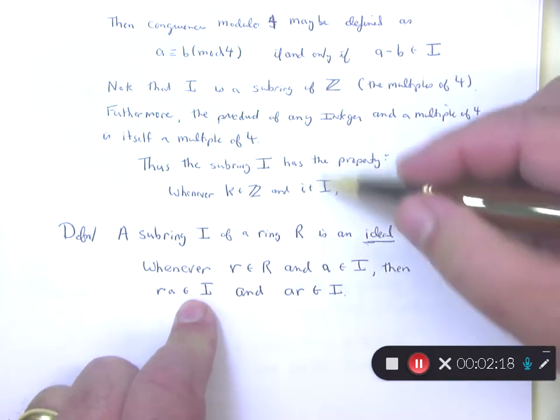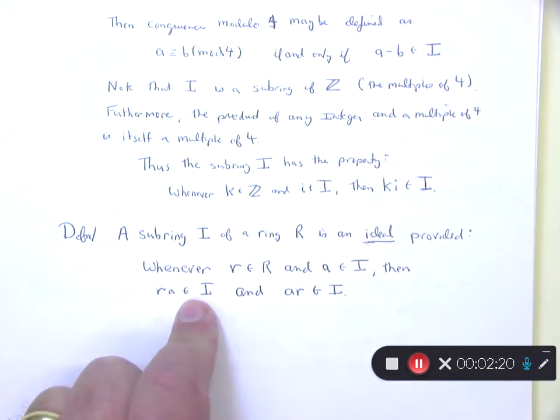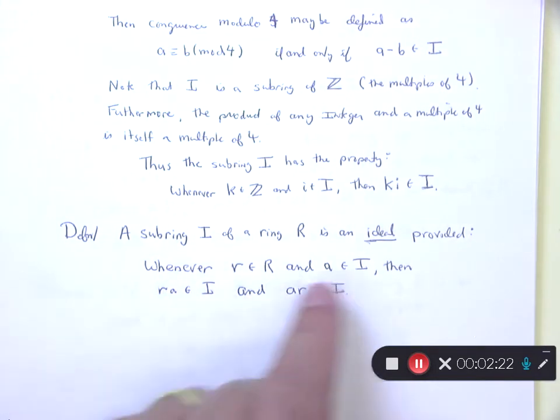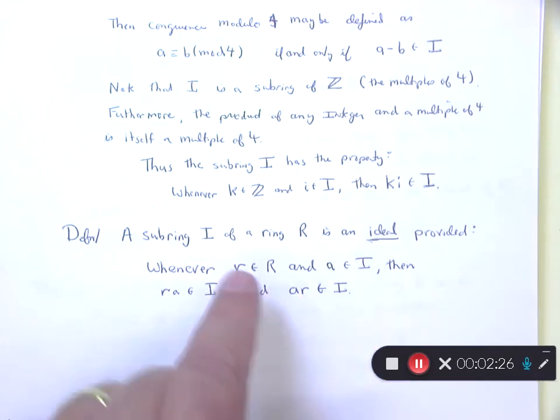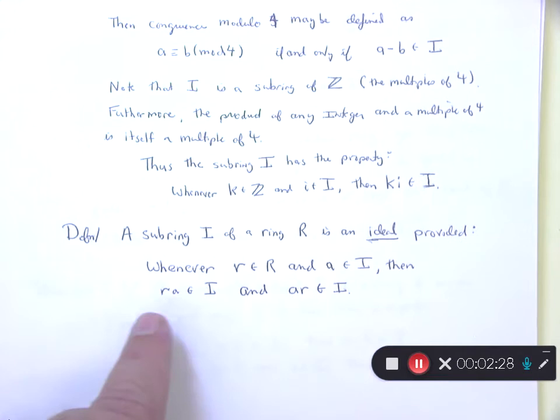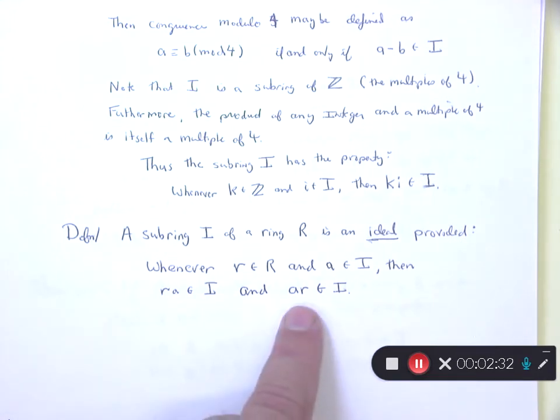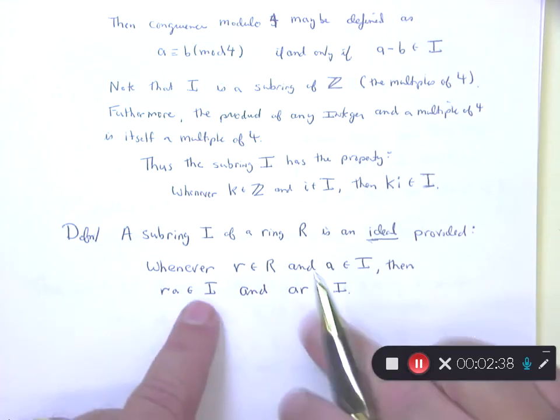And it's this property in the example we were just talking about. It's the idea of just one element inside your set I. You take any element inside the ring, and yet the product, a times r, is in I, and because you may not have commutativity, r times a is in I. So r times a is in I, a times r is in I. You've got to check both ways.